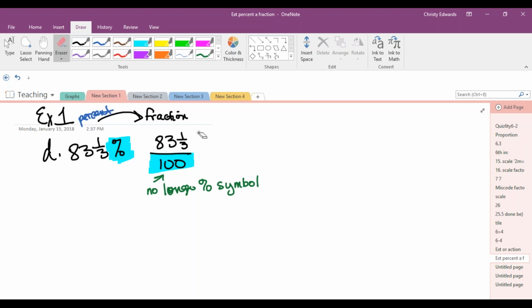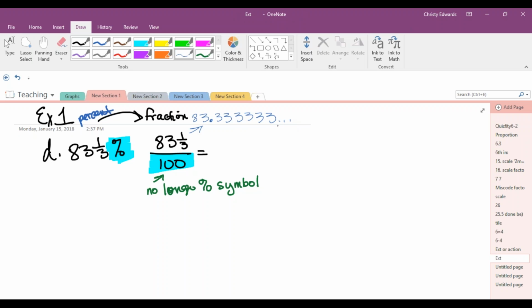Okay. Is 83 1/3 going to be easy to turn into a whole number, in your opinion? If you turn it into a decimal and try to move the decimal over, does anyone remember what 1/3 is as a decimal? 0.3 forever. 83 1/3 is 0.3 forever.